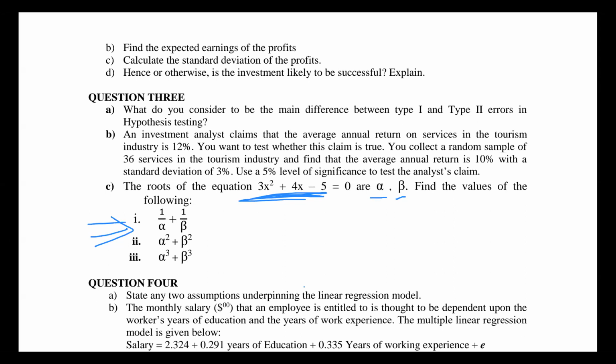Then you are asked to find the values of these particular numbers, given that equation. So how do we do it? You can pay attention a bit, then you'll be fine.